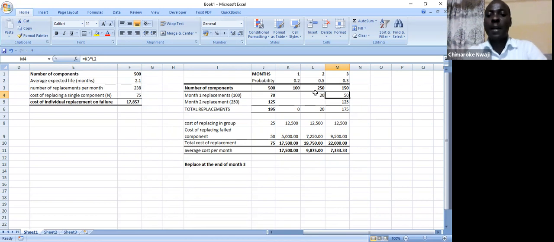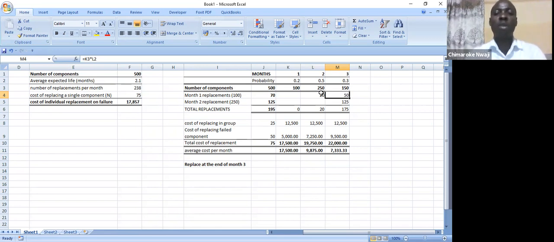So you look at month 1 replacement, which is this 100. 20% of month 1 replacement will be done in month 2, and 50% of month 1 replacement will be done in month 3. If you add them together, you have 70 replacements being done for just month 1 replacement.